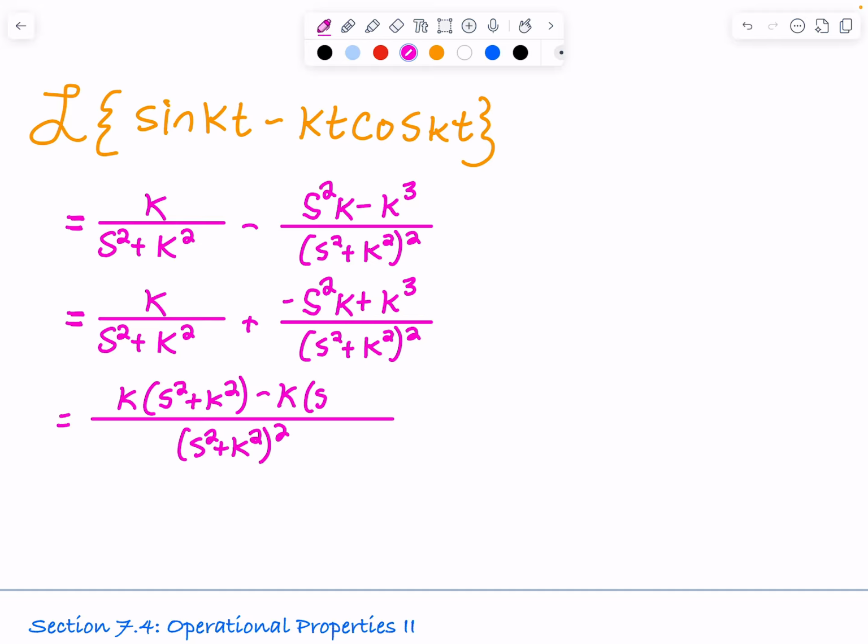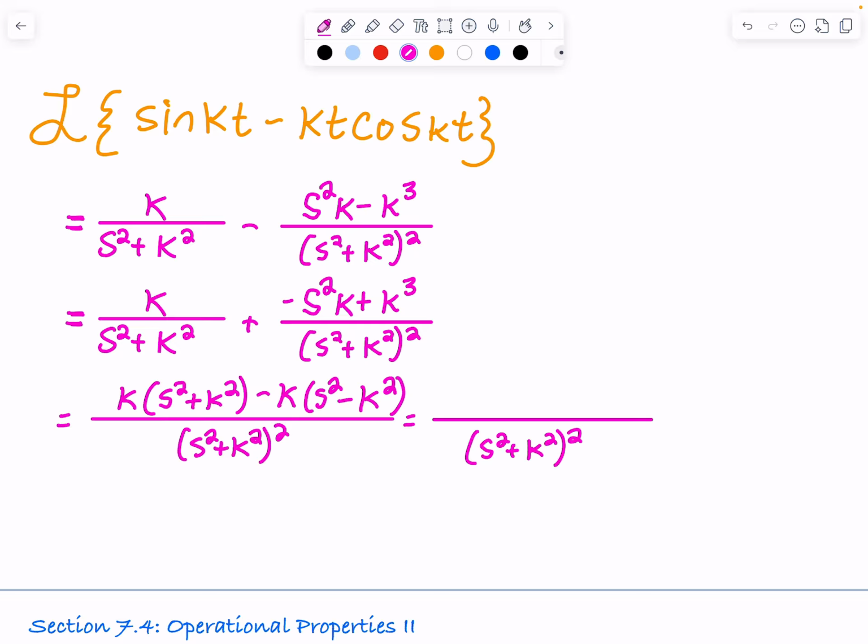Minus k times s squared plus k squared. And then to make that work, that was going to need to be a k squared, s squared minus k squared, because if this distributes negative k times negative k squared, I need the positive k cubed. Okay, you can see now that's going to keep the same denominator, so I'll do that squared.